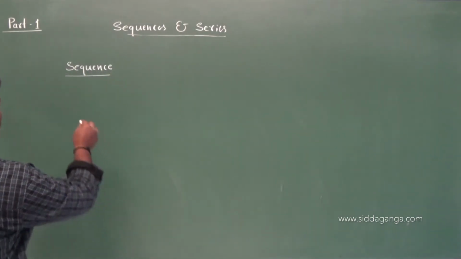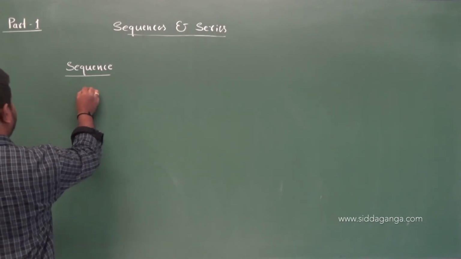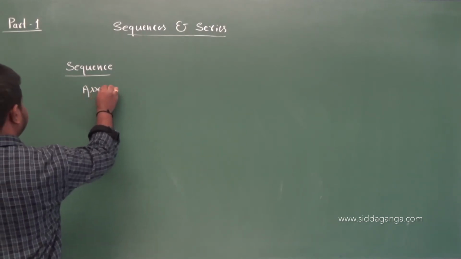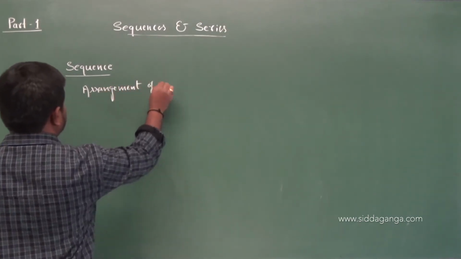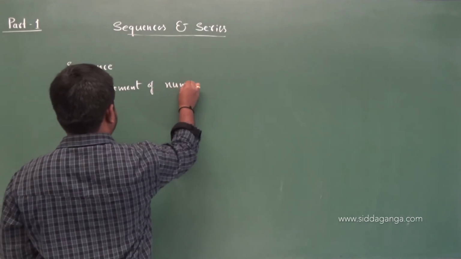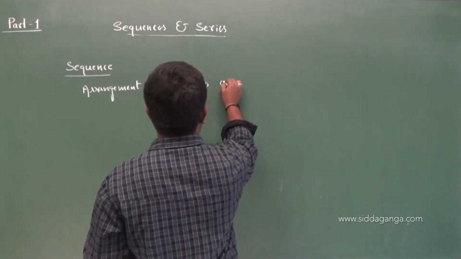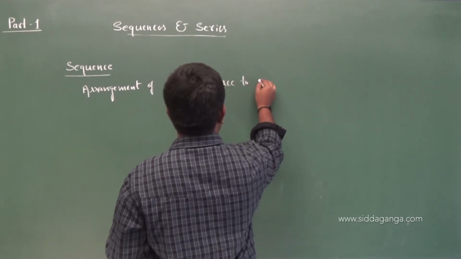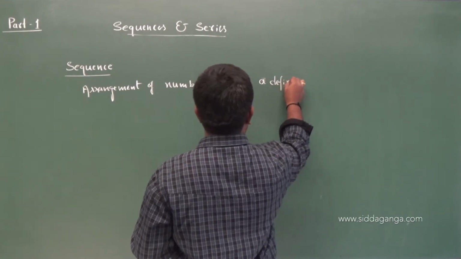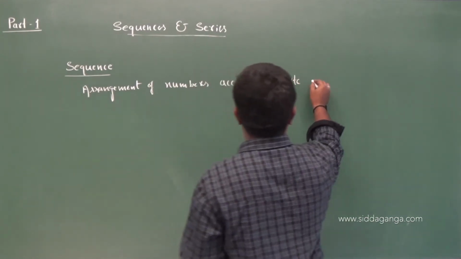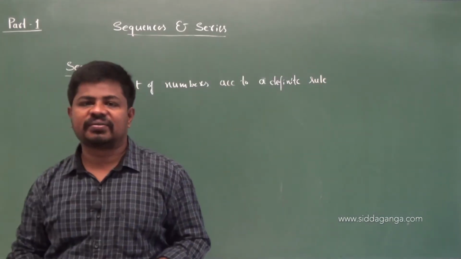Sequence is defined as an arrangement of numbers according to a definite rule or order. Or we also define it as an ordered arrangement of numbers.